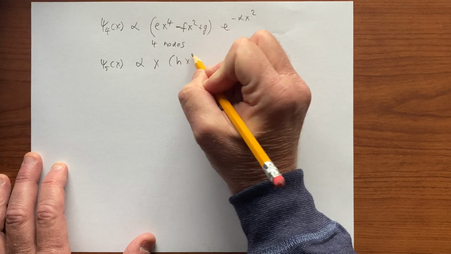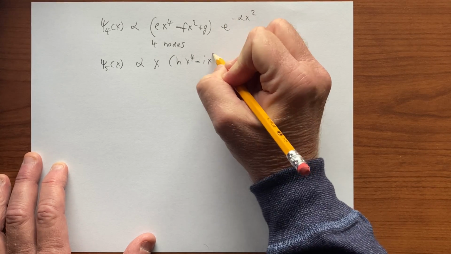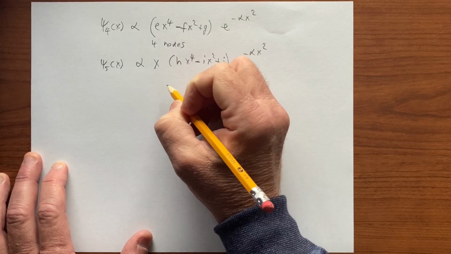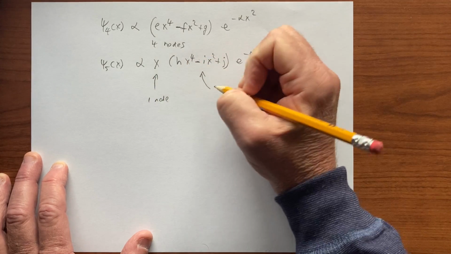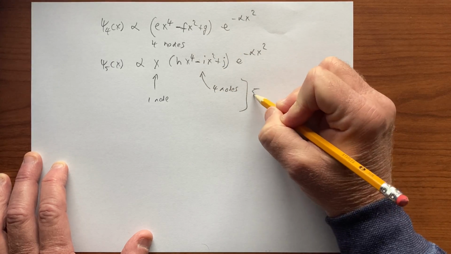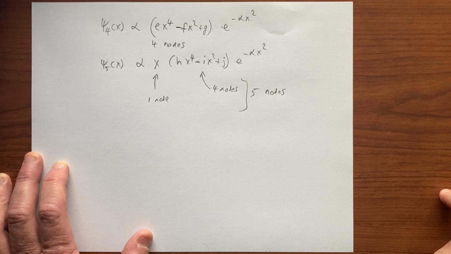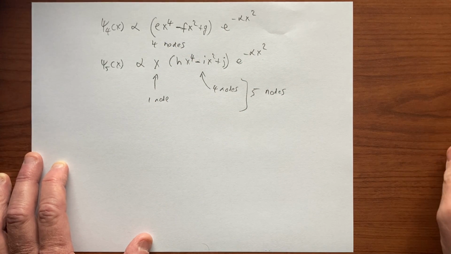So I have h x to the fourth minus i x squared plus j, times e to the minus alpha x squared. This gives me this additional node, making it go through 0. This is the even number of nodes, and there we have a total number of nodes which is odd. And so the parity continues to alternate, and we can see the pattern as we construct the higher energy eigenfunctions of the simple harmonic oscillator.